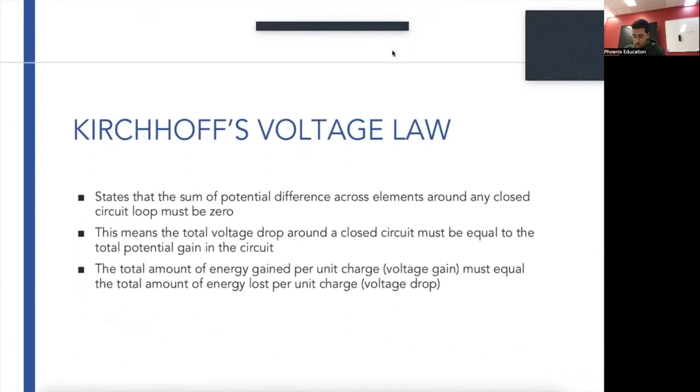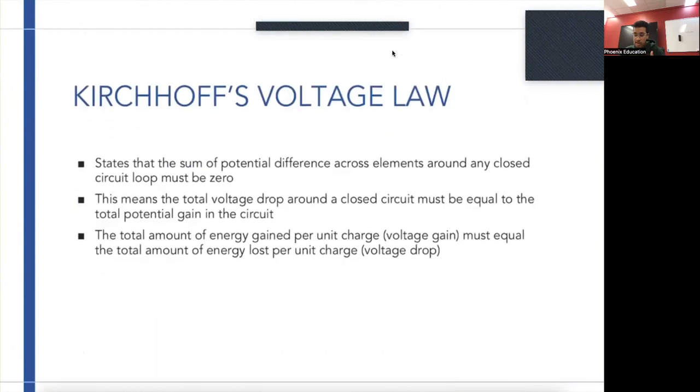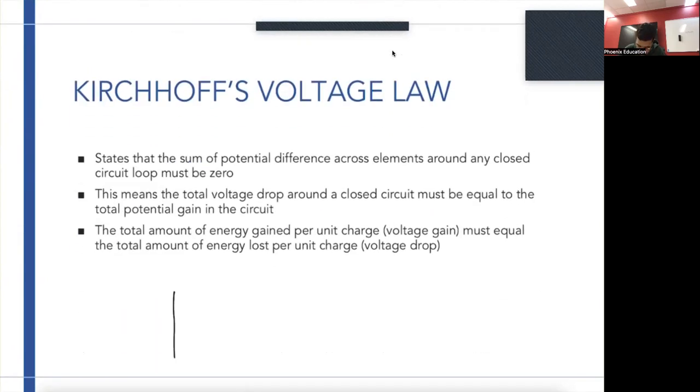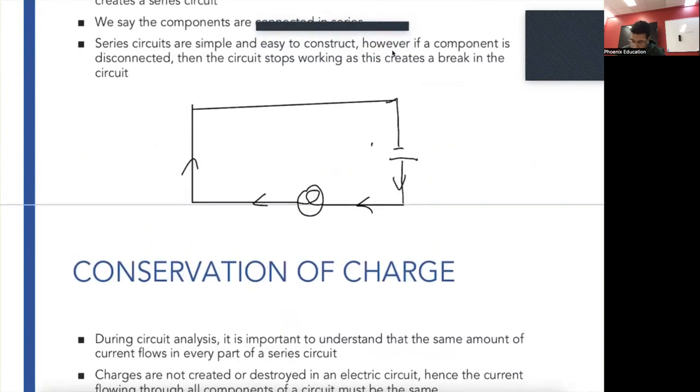Okay, Kirchhoff's voltage law. What this states is what I said earlier. If you have a circuit, we'll go back to the original circuit, this is 8 volts, the amount of energy gained by the electrons in this circuit as they flow will always end up at 0.